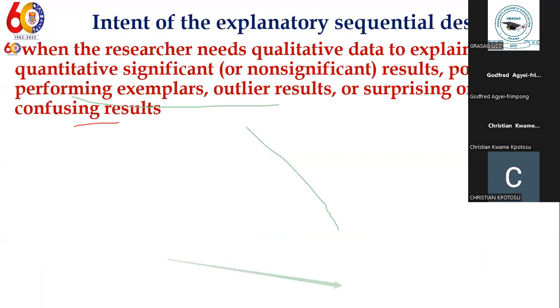One, when the researcher needs qualitative data so that, based on it, the researcher can explain the quantitative aspect. Sometimes, as I said from my earlier example, the quantitative data that you have first might have some outliers, some results that are so surprising, some you don't even understand.